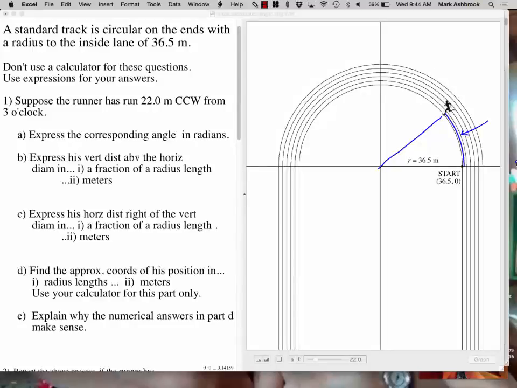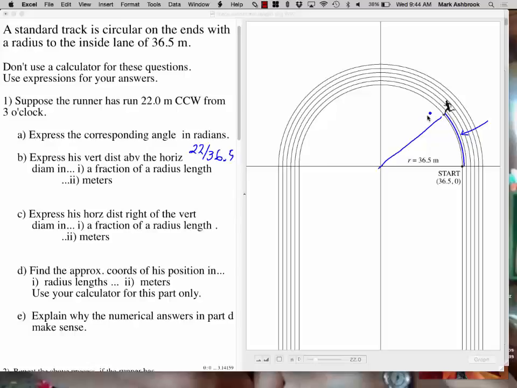The openness of angle measure in radians is how many radius lengths the runner has run, which would be 22 over 36.5. Okay?